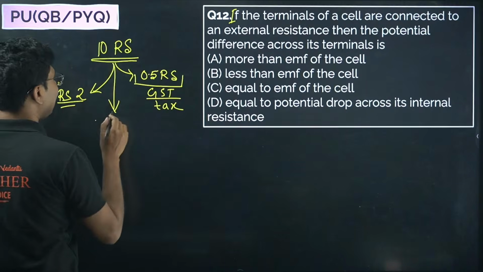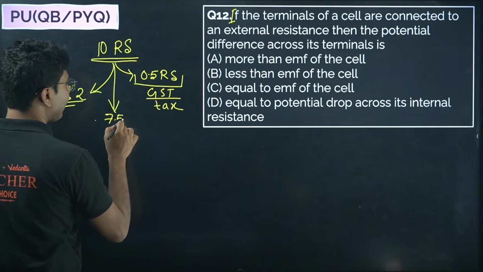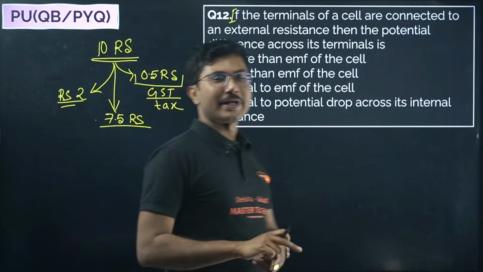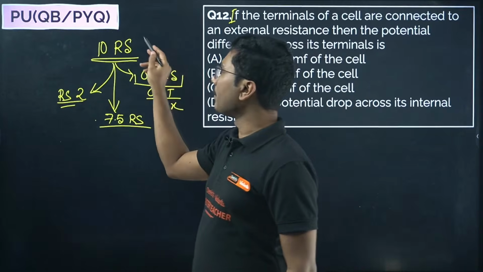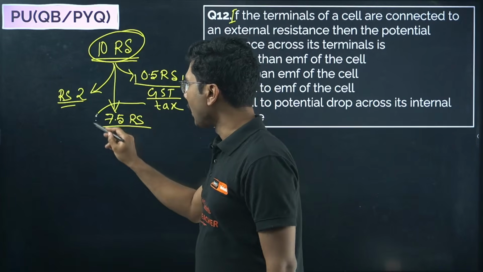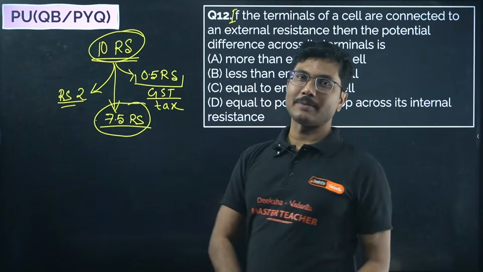So you are basically getting a biscuit worth only 7.5 rupees. When you buy a biscuit of 10 rupees, that money is spent by you, but the useful amount you get is only 7.5 rupees.